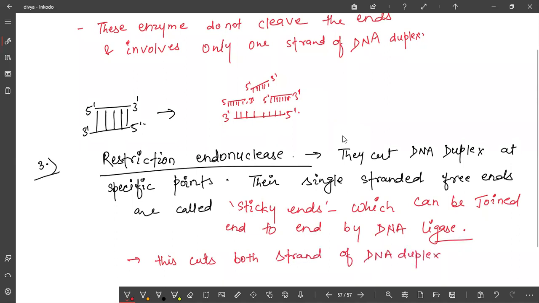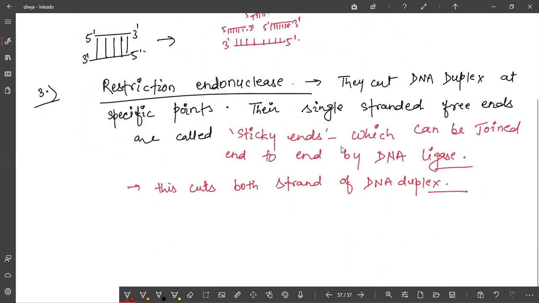When this enzyme cuts within the DNA, it will create a sticky end, and a sticky end means cohesive end, and sticky ends are required for ligation. That's why we will prefer which enzyme? Restriction endonuclease, because this will create sticky ends, and sticky ends make which process easy? It makes the ligation process easy. Is it clear to you, Deepika?